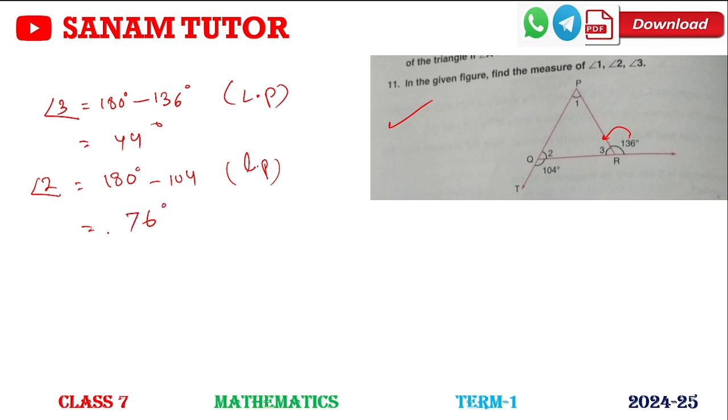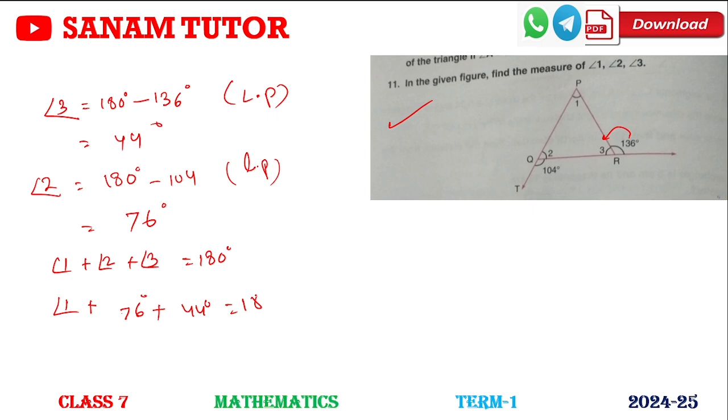Now find the value of x. We know that the sum of the three angles equals 180 degrees. So angle 1 plus angle 2 plus angle 3 must be equal to 180 degrees. So put the values: angle 1 plus 76 plus 44 equals 180.